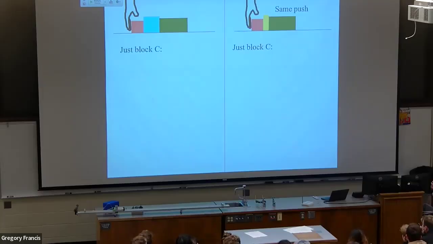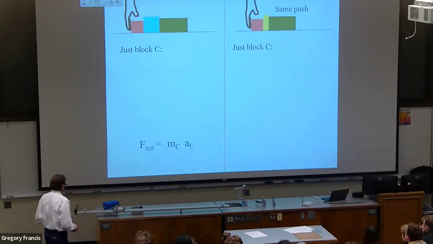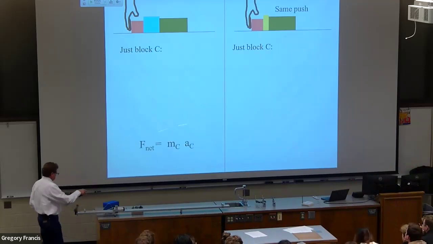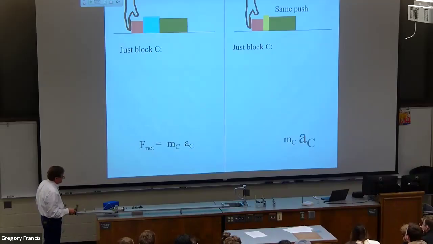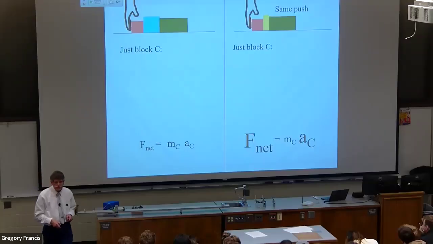Well, now we're asked to just look at the net force acting on block C. Just block C. So if I use Newton's second law here, the mass of C stays the same, but now it's got a bigger acceleration. And so that means it has to have a bigger net force acting on it.